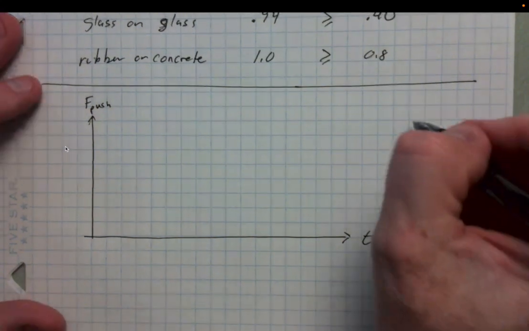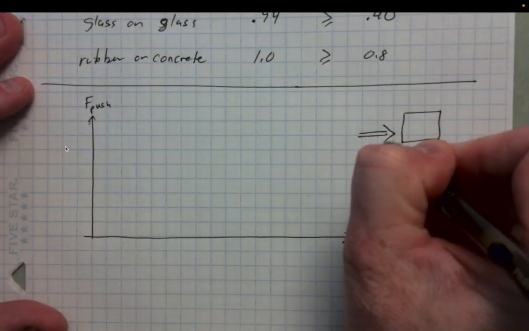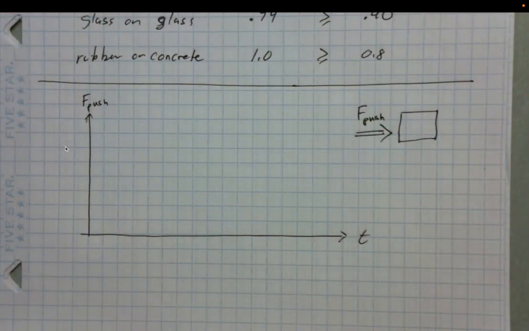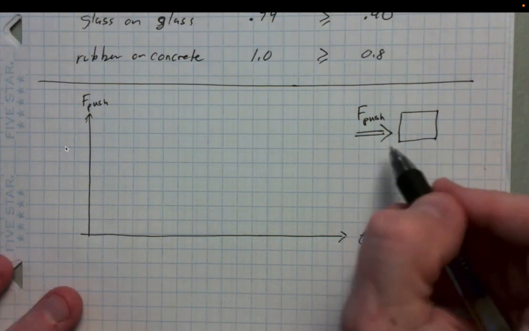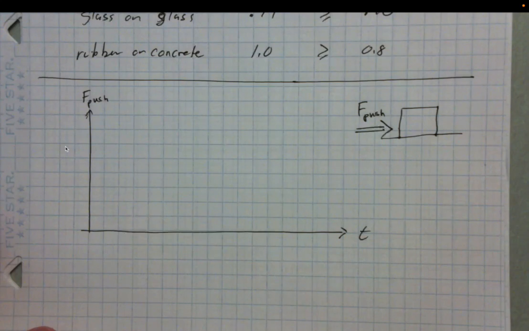So I've got some object just at rest, and I'm applying some force to it. The object is initially at rest, and just imagine idealized circumstances where this pushing force can be increased continuously and uniformly. I'm just uniformly increasing this pushing force until the object starts to move on the surface.